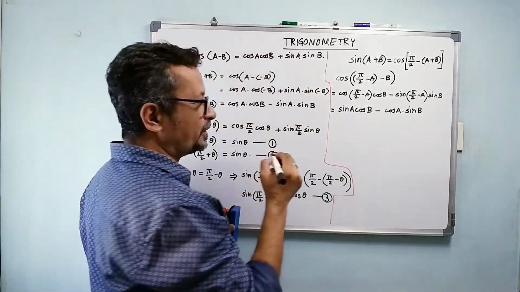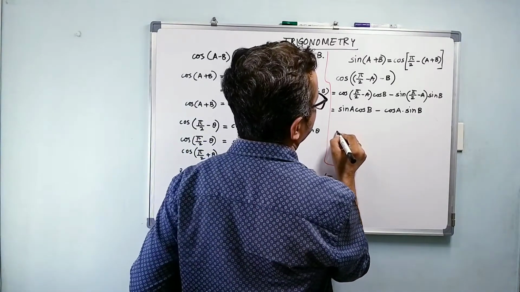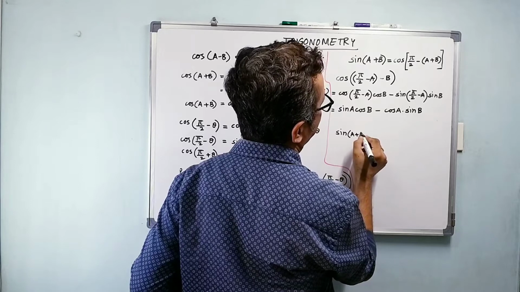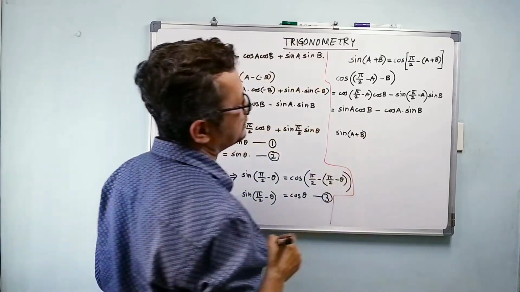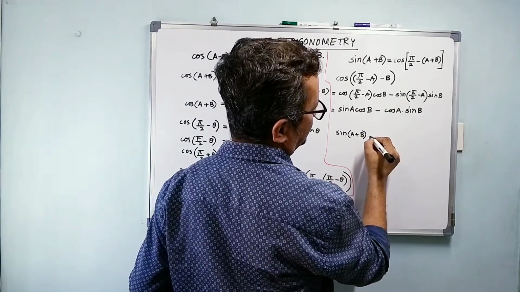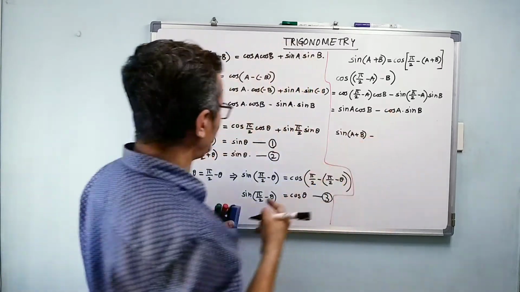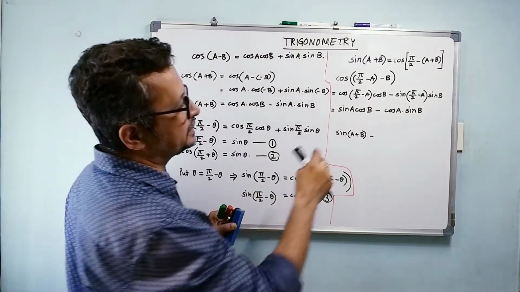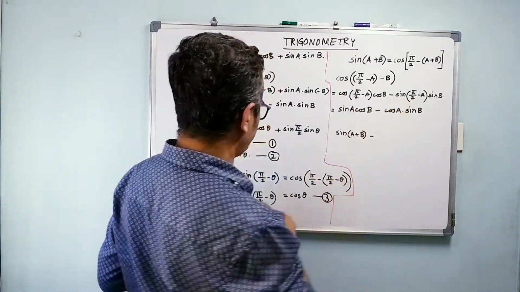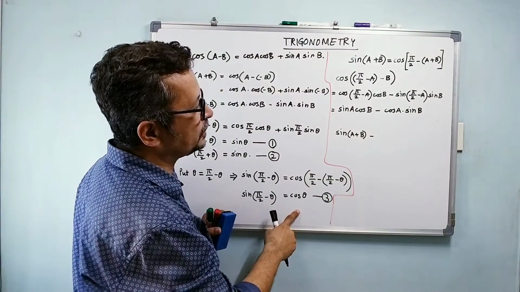So I am going to write here sine of A plus B is equal to, sine of pi by 2 minus theta is equal to cos theta.